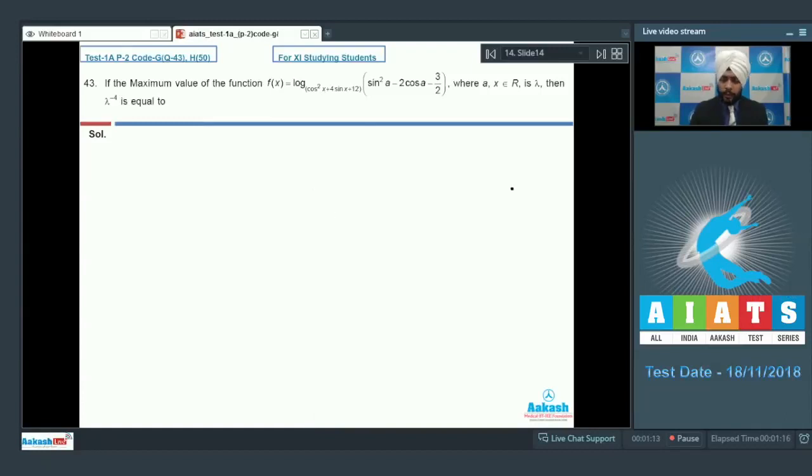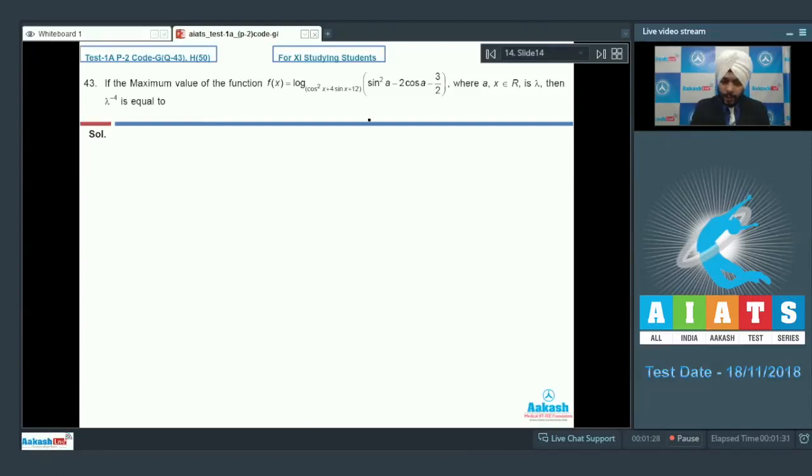Okay, so students, we have a log term whose number is also variable in terms of a, whose base is also variable in terms of x. A particular function log of x to the base a is maximum when the number is maximum and the base is minimum.